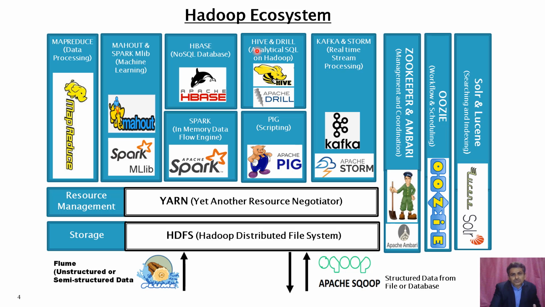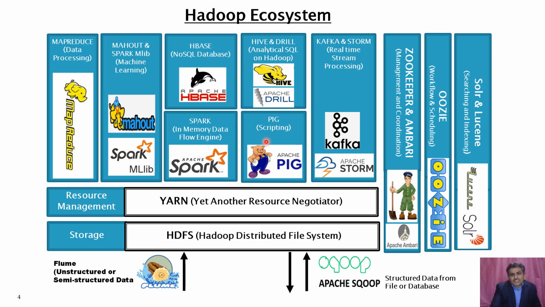So Hive is used to convert our MapReduce tasks into simple SQL-like queries. Whenever we do not want to write Java code, we can use Hive. In Hive, we write simple SQL-like queries. Those SQL-like queries are then converted by Hadoop into MapReduce jobs. Those Hive and Drill SQL queries can be used for analytics.